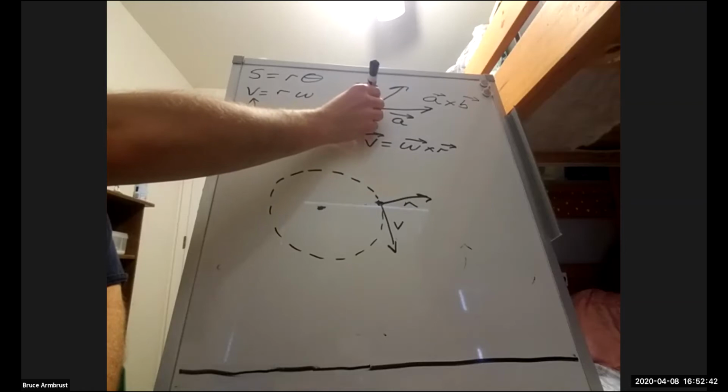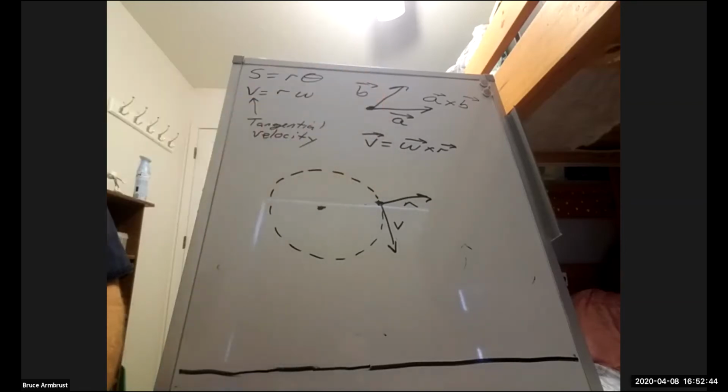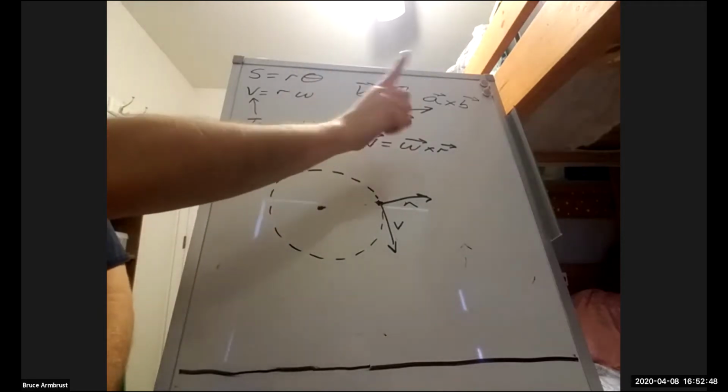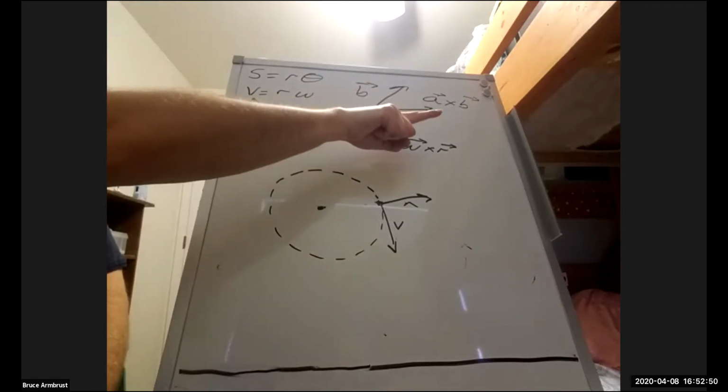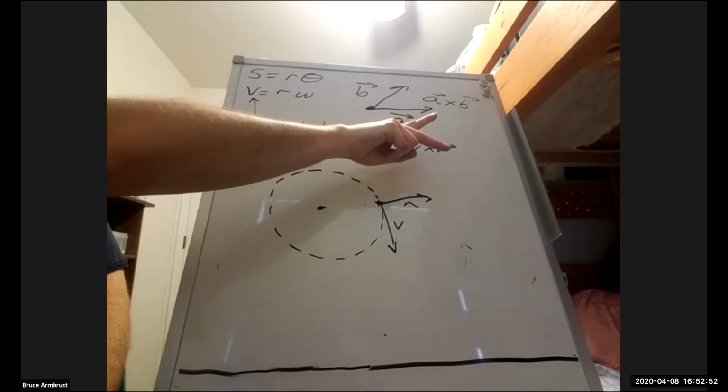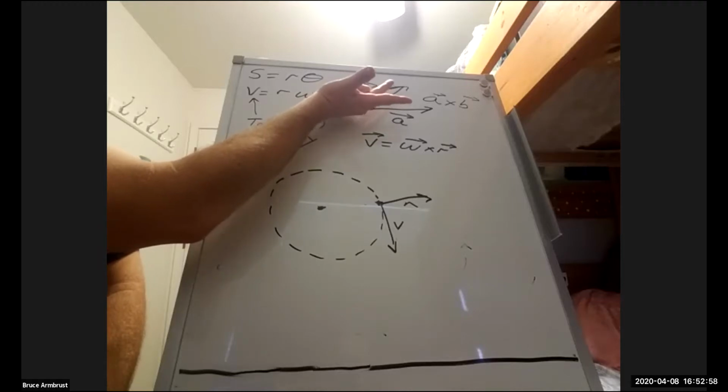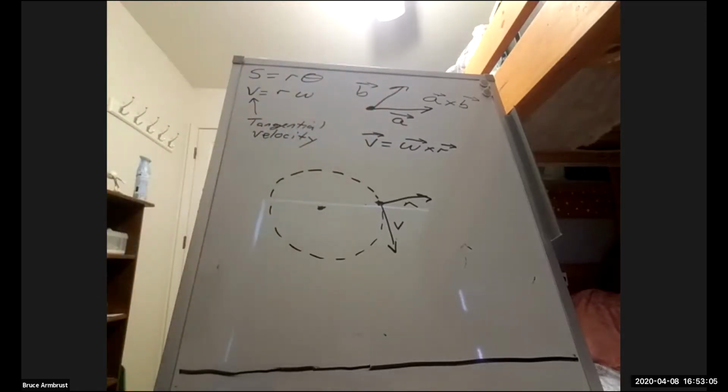So the other way, using the fingers: index finger points in the direction of A, middle finger has to point in the direction of B. I extend my thumb, and notice that my thumb is still coming out towards you guys. So that's the right hand rule. That's how you can figure that out.